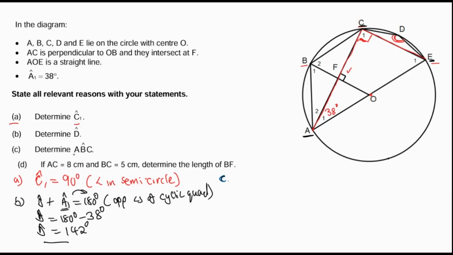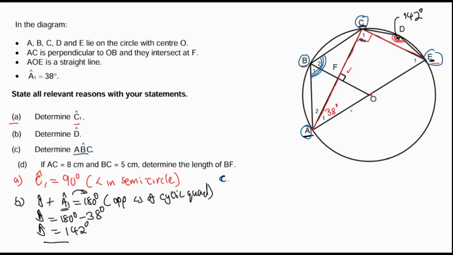Determine angle ABC. Angle ABC, this angle. Now we have this one. Let's write angle D there. Angle D is 142 degrees. That is angle D there. C1 is 90 degrees. We can find angle E1. If you check again, points A, B, C, E are concyclic.